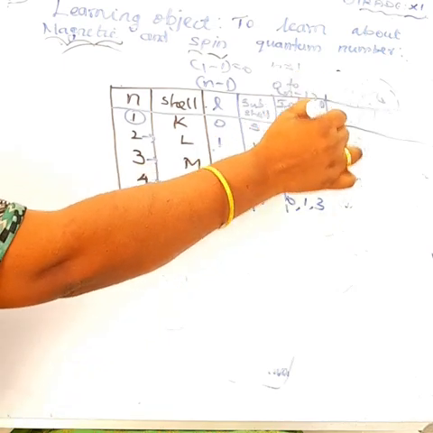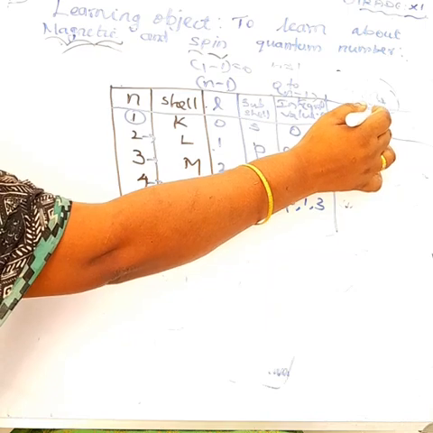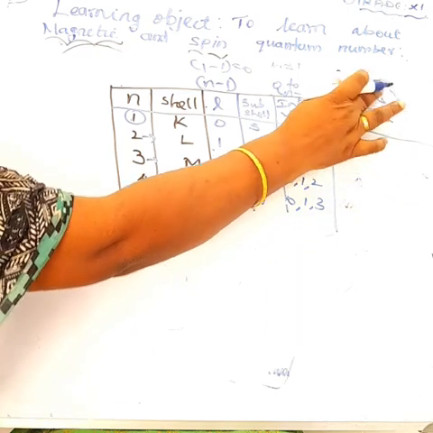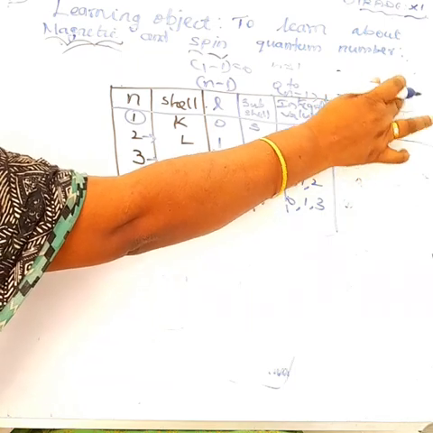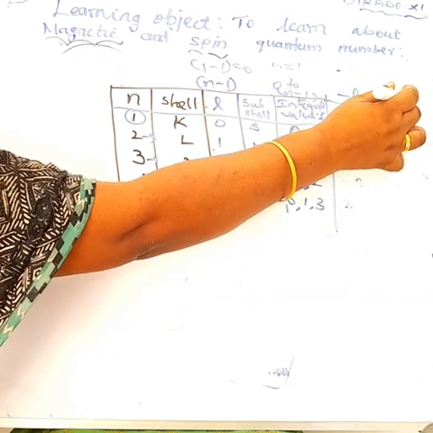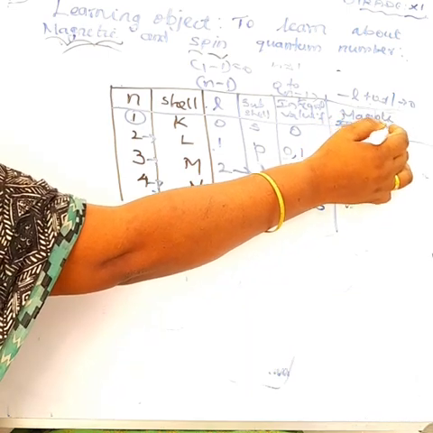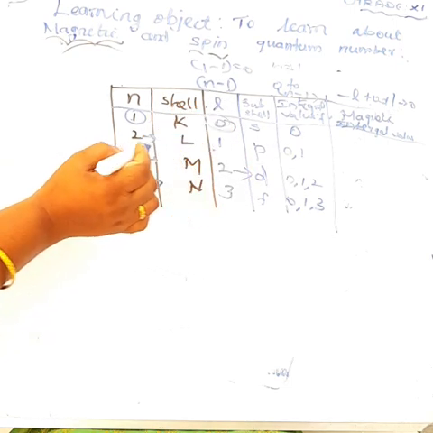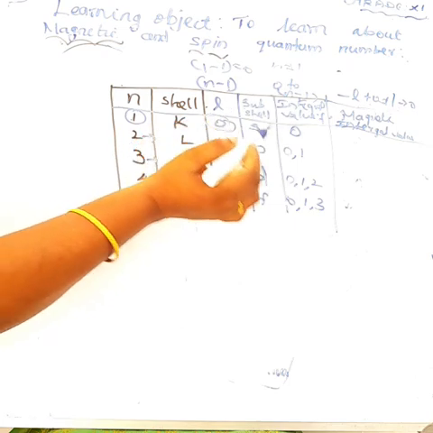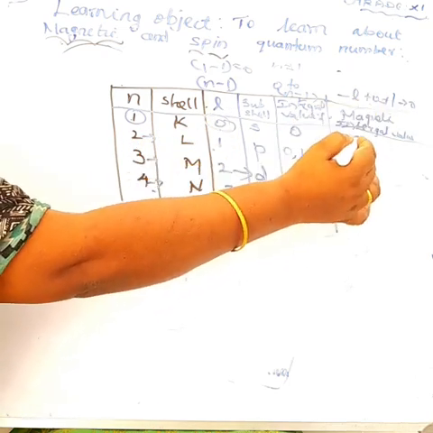What about the magnetic quantum number? The magnetic quantum number ranges from minus L to plus L through 0. When L is equal to 0, the value is 0.